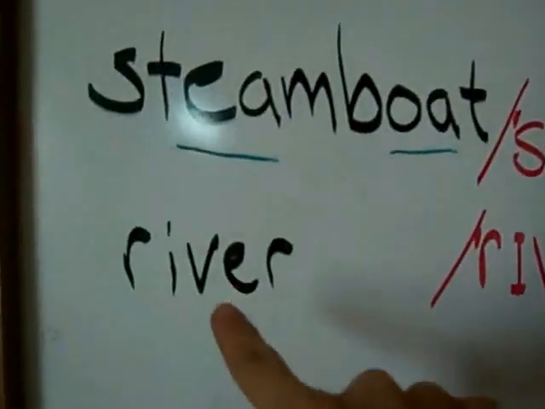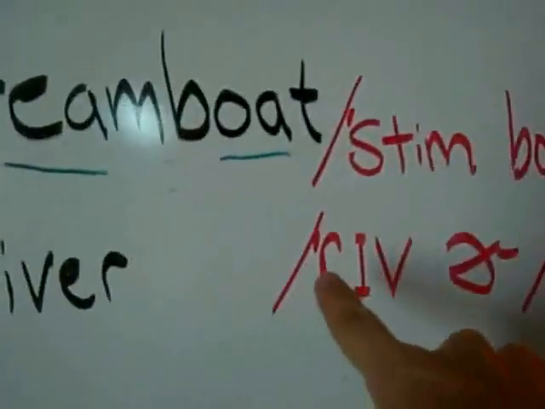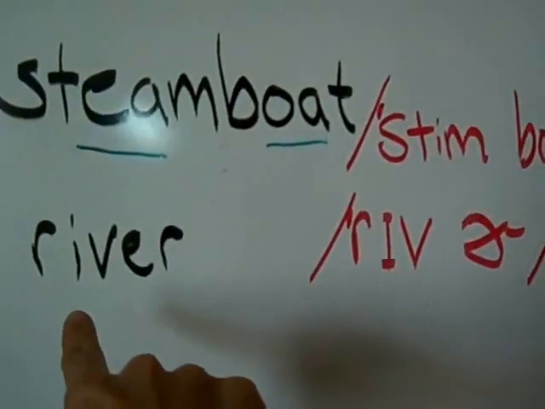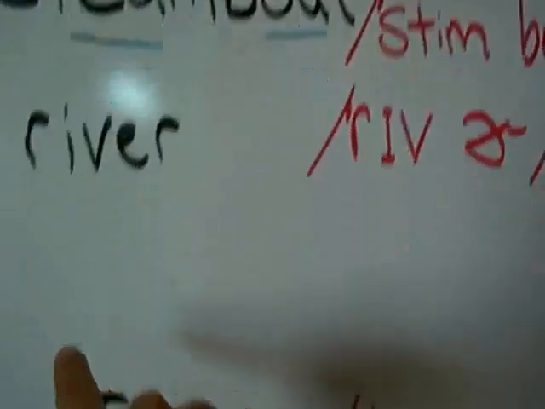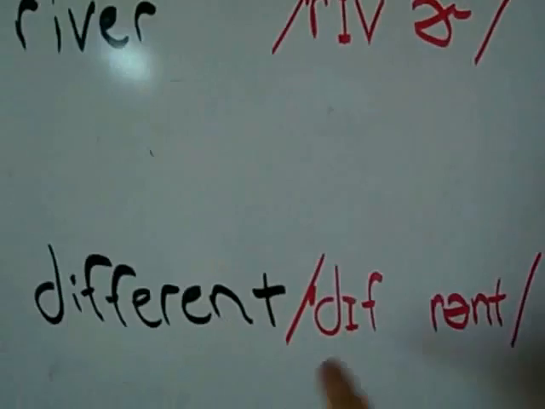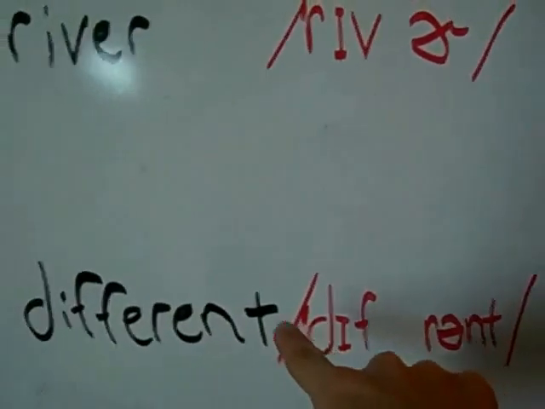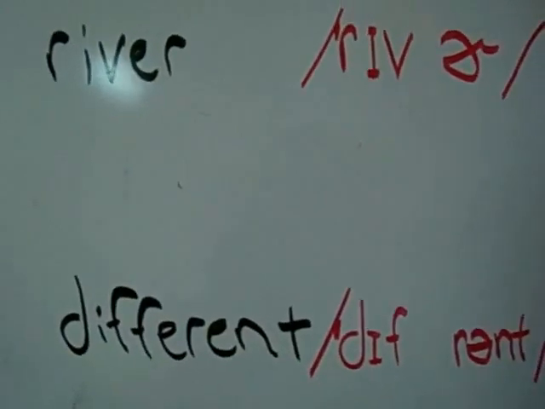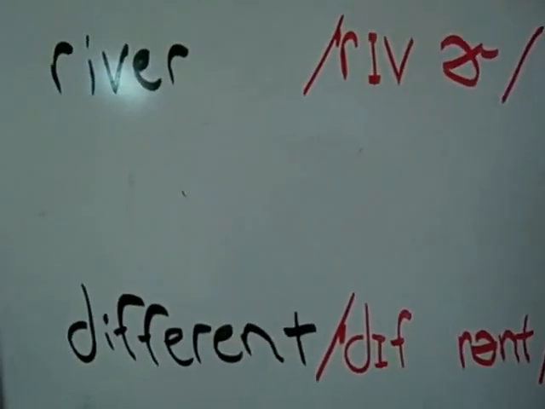River, you'll either hear people speak or look in a dictionary and understand that the first syllable is stressed, river. And in this last word, again, you'll either look in a dictionary or hear people speak and they'll say different, stress on the first syllable.